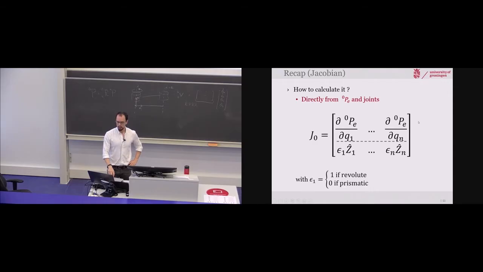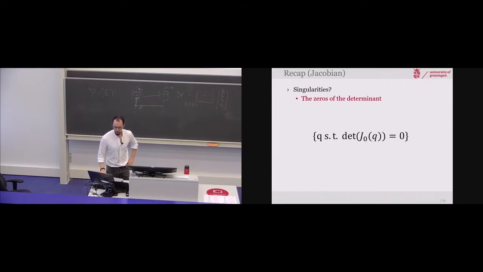To compute the Jacobian associated to the angular velocity, the only thing that you need are the axes. When you have all the axes around which the joints are revolving or moving, you just have to multiply it by 1 if it is a revolute, so you will actually put the vector describing the axis, or you will put a 0 if it is a prismatic, so there will be nothing over there, okay?